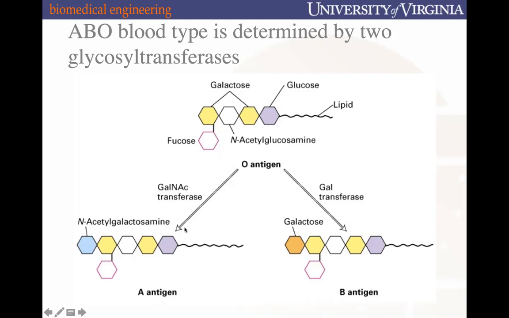If you have the A allele, you have the GalNAc-transferase and N-acetyl galactose is added on to the sugar residue, and for the B allele, you have a galactose transferase that adds a galactose there. So these are sugar modifications or glycosylation events that can occur that regulate our blood types.